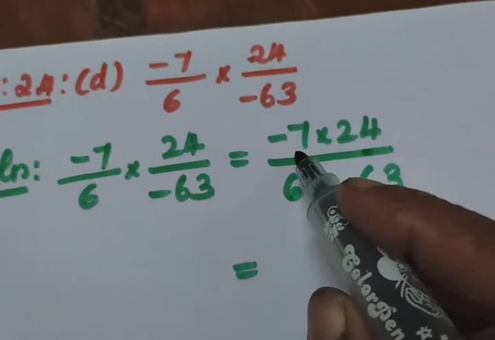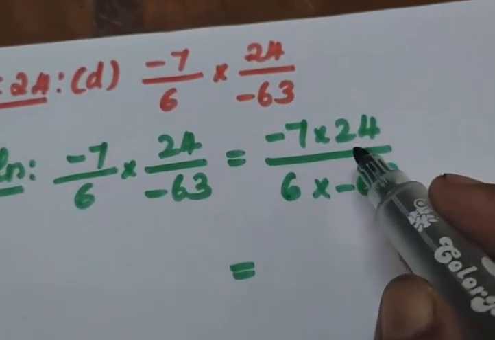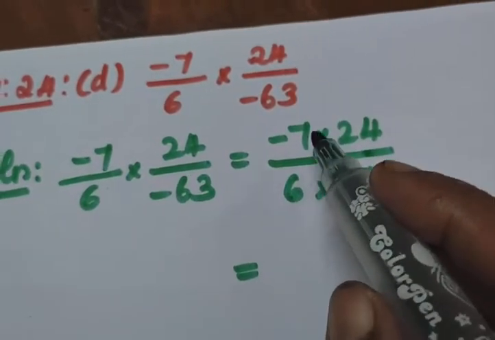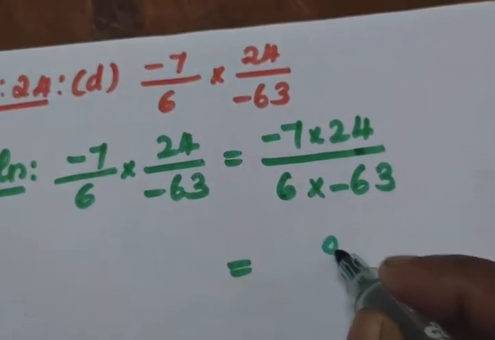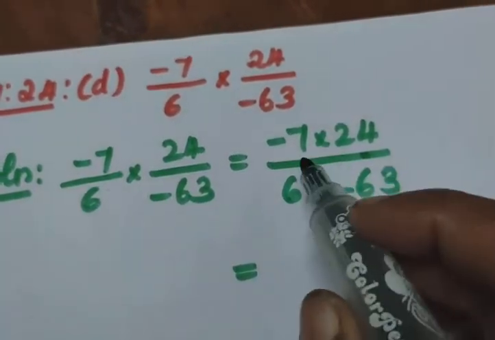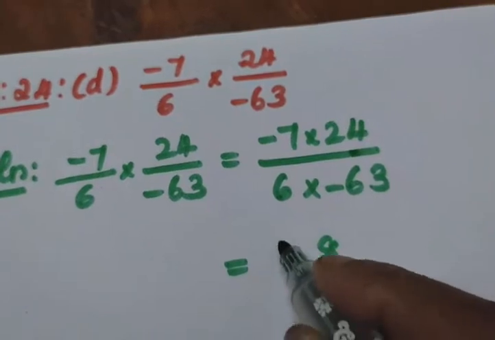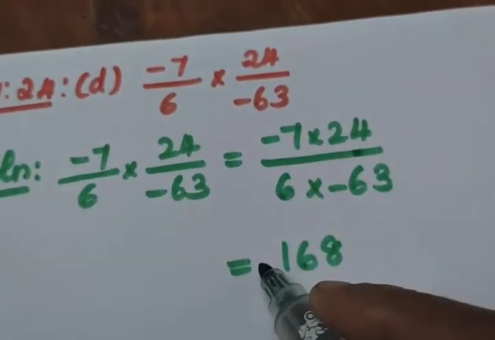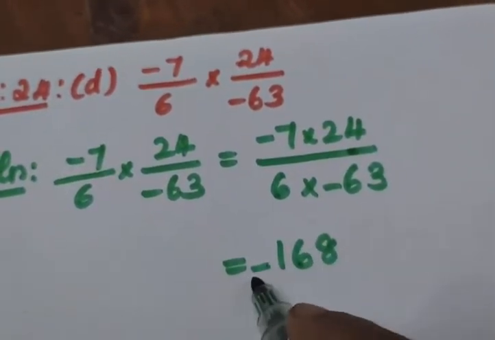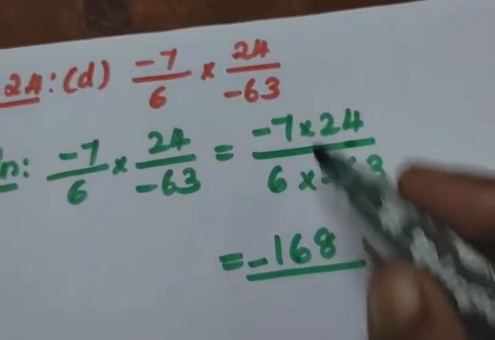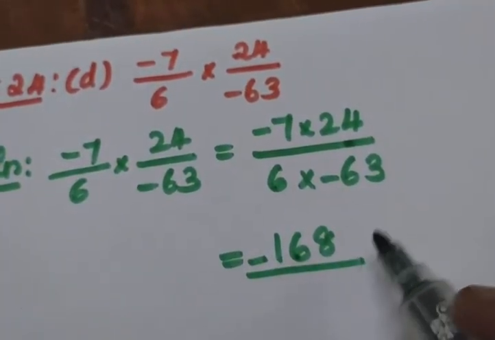So minus 7 into 24. What is 24 into 7? 7 4's are 28, remainder 2. 7 2's are 14, 14 plus 2 is 16. Minus is there, so we write minus. So 24 into 7 is 168.